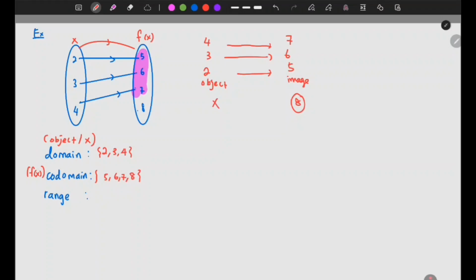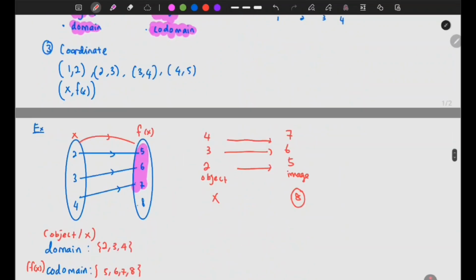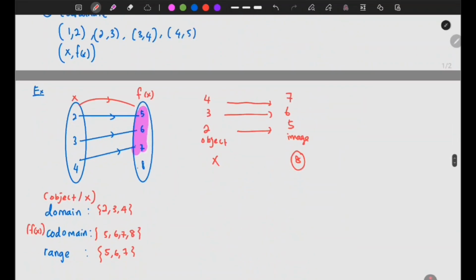When there's no object, there's no way of you getting an image. So the 8 is like, how to say, useless. It has no function. So think like that. So the only ones in the range are 5, 6, and 7. So that will be your answer. So think, when there's no object, it's not in the range. Okay, easy way.